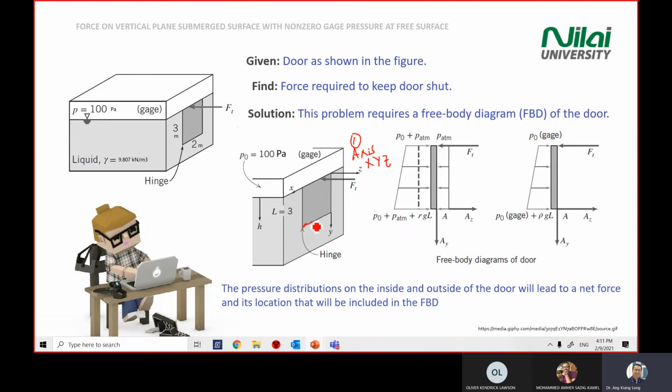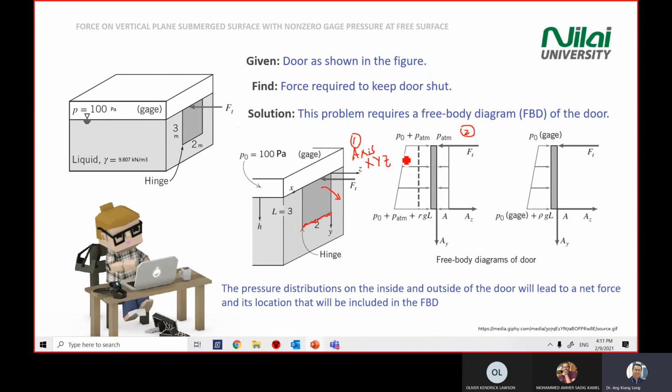The whole door will open in this way, so to avoid the door opening, you need a force to stop it. Then our h is going down in this way, which is positive. And we have an ambient pressure of 100 Pascal gauge pressure. Okay, so the second one, you draw the free body diagram.